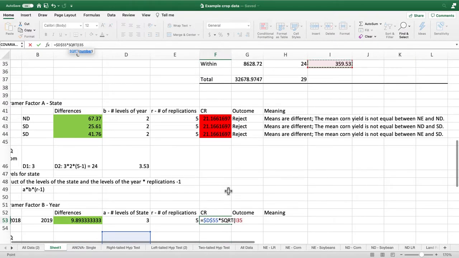And again, we want to absolute reference that. Well, I guess it doesn't matter, we don't have to fill it down, but if we did, we would absolute reference that.